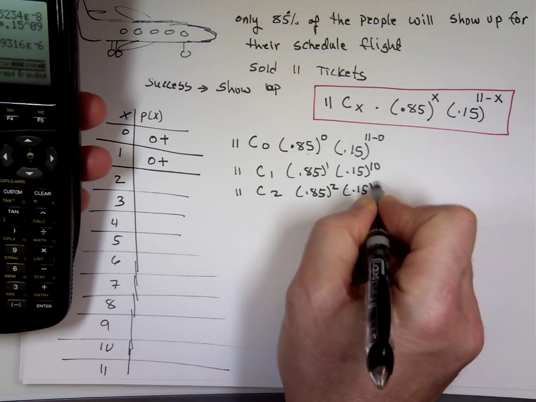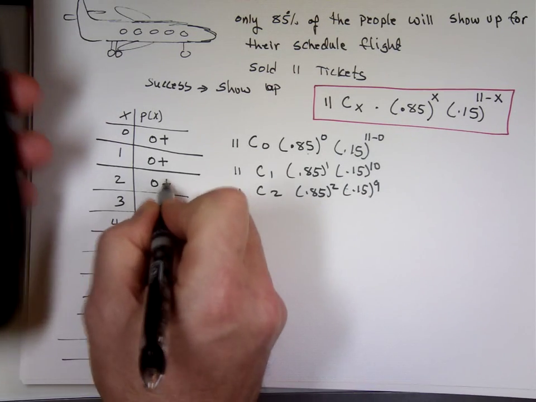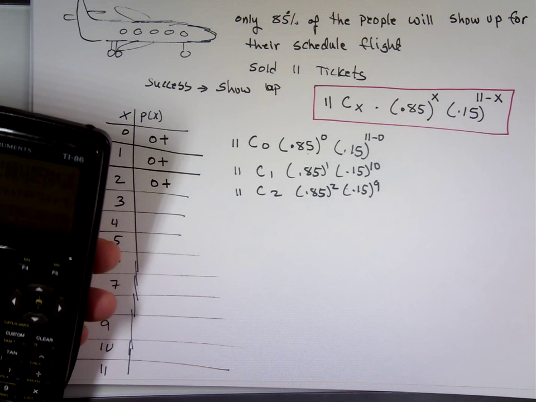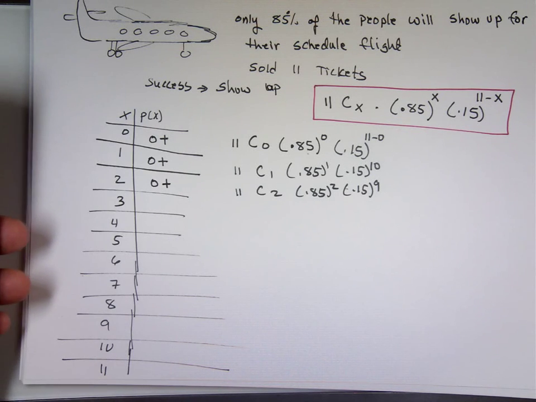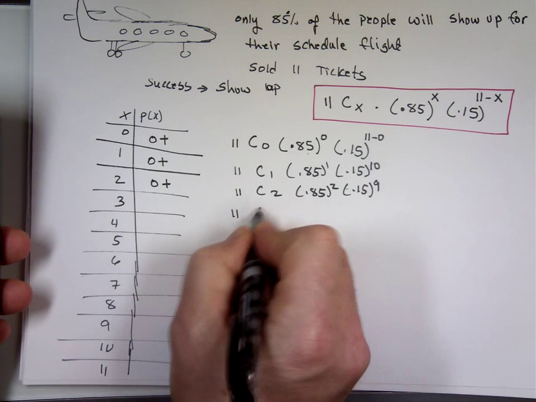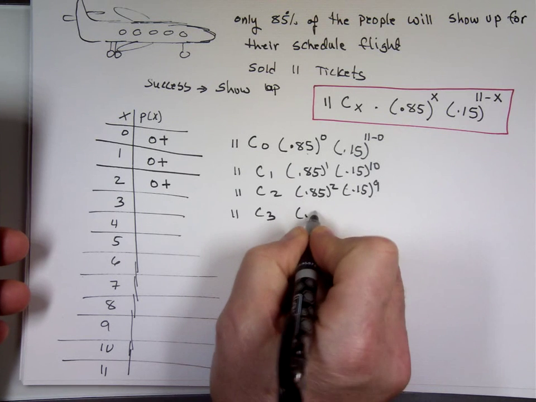That's still almost a 0. I have 5 zeros, then a 1. Then X is 3.